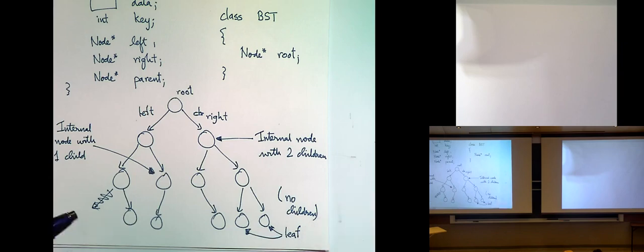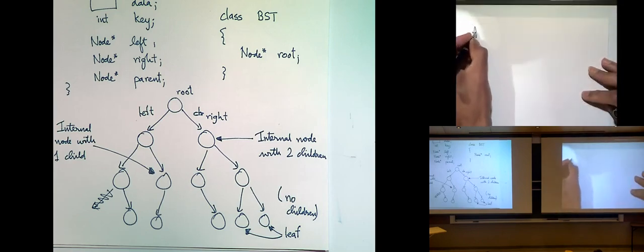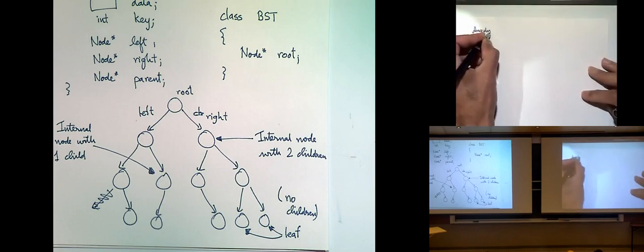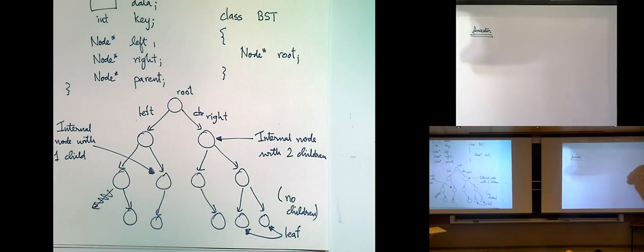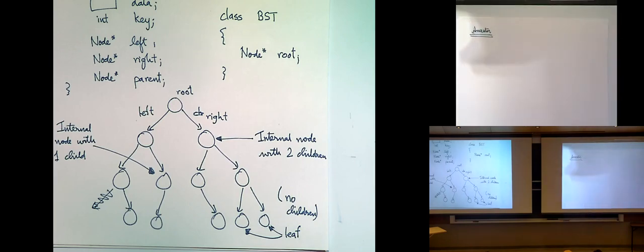I'm going to first start with some definitions and notation regarding trees, because this will make it convenient to talk about things like insert, delete, and find. Once we have the right terminology, it's easier to talk about these things. One of the most common terms that you will see is the notion of an ancestor.